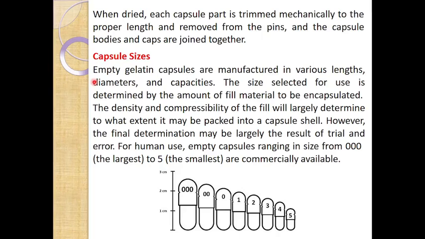The capsule sizes. Empty gelatin capsules are manufactured in various lengths, diameters and capacities. The size selected for use is determined by the amount of fill material to be encapsulated. The density and the compressibility of the fill will largely determine to what extent it may be packed into the capsule shell.